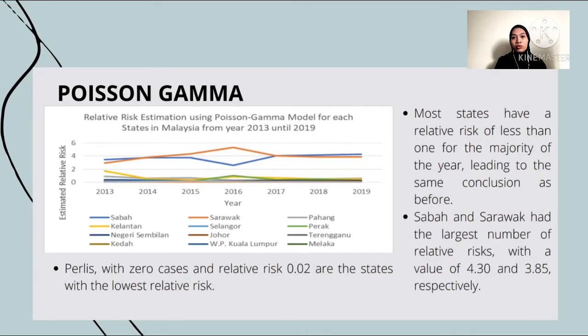From 2013 until 2019, most of the states have low relative risk, which is below 1. Sabah and Sarawak have the largest relative risk with values of 4.30 and 3.85 respectively. Perlis, with 0 cases and a relative risk of 0.02, is the state with the lowest relative risk.